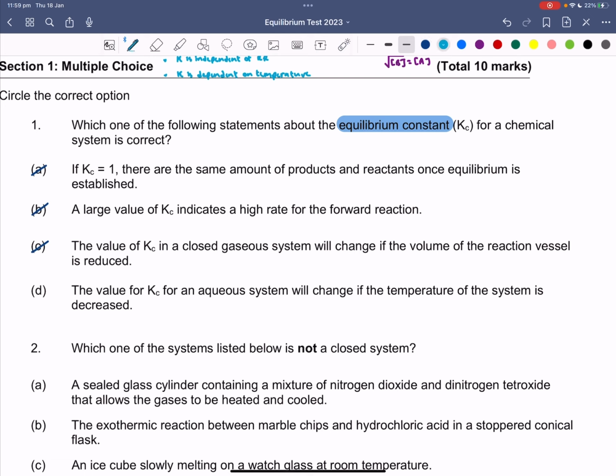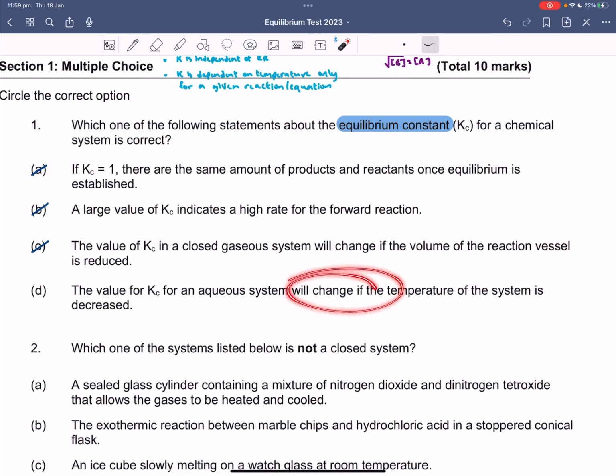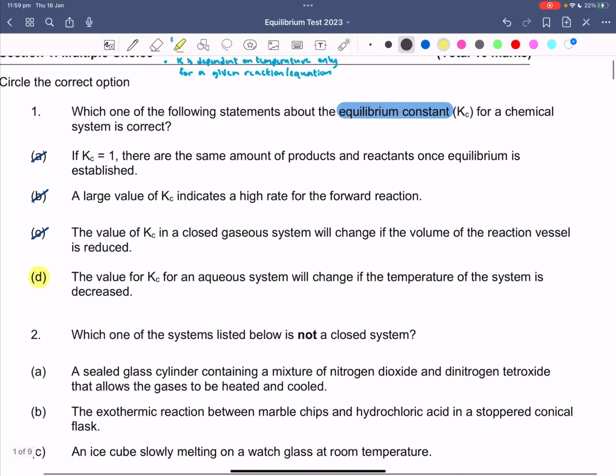I really should say K is dependent on temperature only for a given reaction or equation. Okay, so it's not C. And then lucky last, D: the value of K will change if temperature is decreased. Yes, we agreed that a change in temperature will affect the K value, so that statement is correct, and the answer is D. Okay, question number 2.